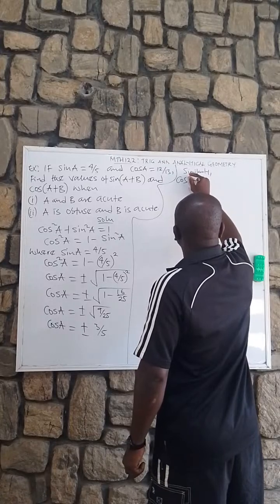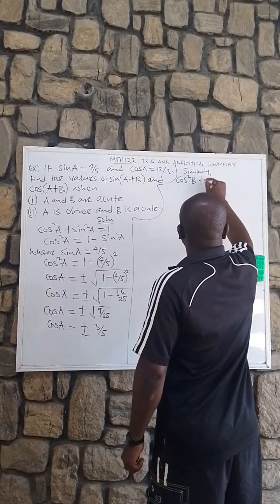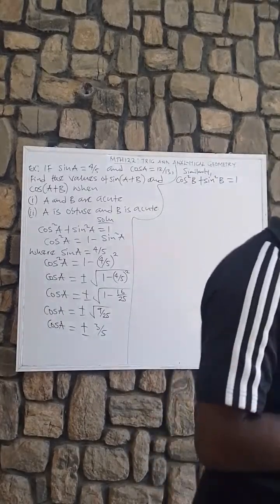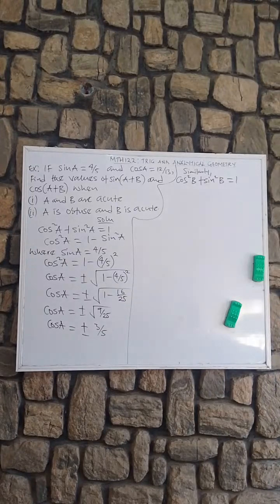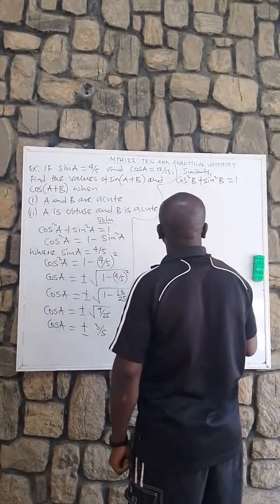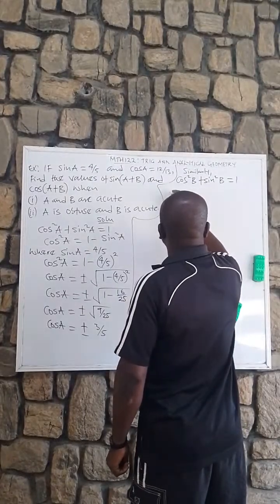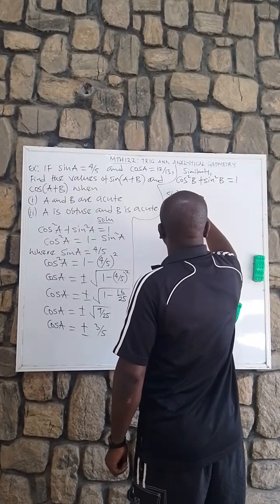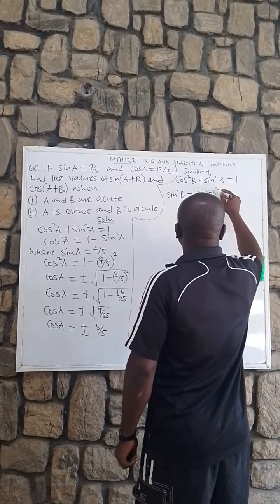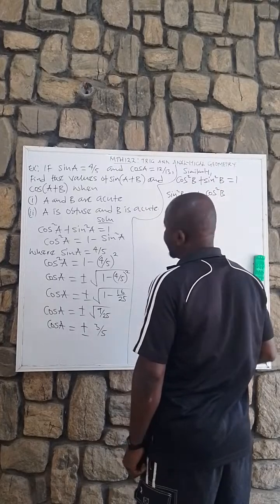Cos square B plus sine square B is equal to 1. True of course. True or false? It's true, right? Okay. So far, so good. So here now the sine square B is equal to 1 minus cos square B. Am I right?